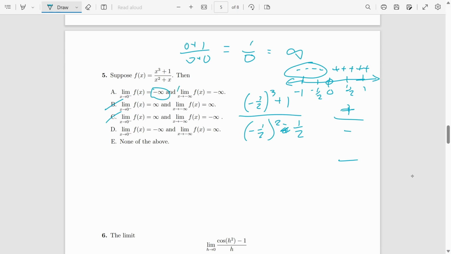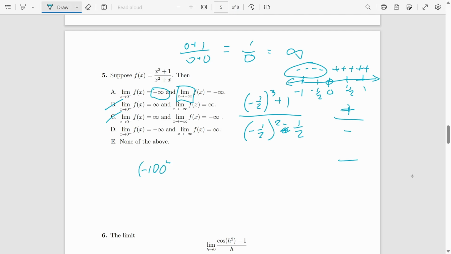And then, so for our second one, as x approaches negative infinity, this one we can also kind of cheat. We can just plug in a very small number, like a negative 1,000 or something, and if we get a very small number, then it'll be negative infinity. If we get a very large number, it'll be positive infinity. So let's do negative 1,000.